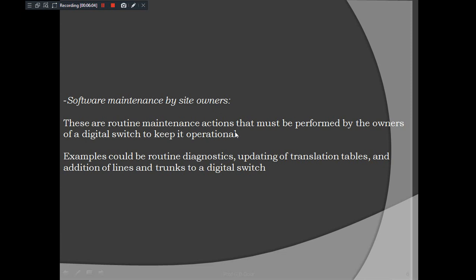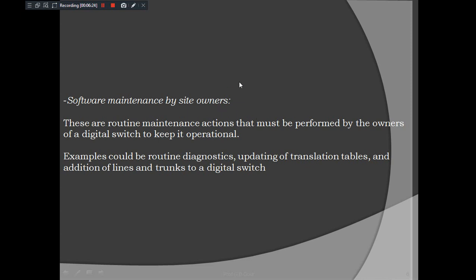These are the routine maintenance actions that must be performed by the owners of the digital switch to keep it operational, because DSS is real time, so we have to keep it operational through software maintenance by us only, that is, the owners. So the DSS maintainability is broadly categorized into two parts.